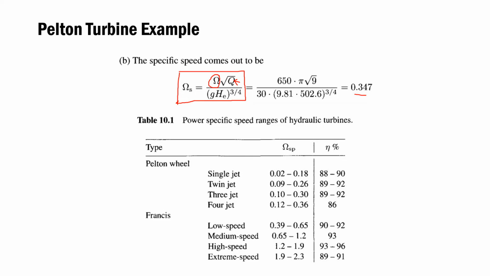The specific speed calculated here is 0.347, which is somewhere between 0.12 to 0.36 here. So the recommended number of jets is equal to 4. That is why we calculate the specific speed, to get the recommended number of jets.